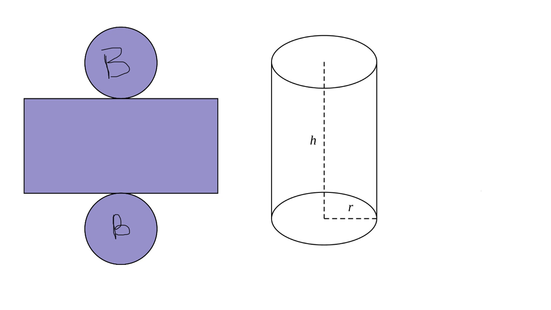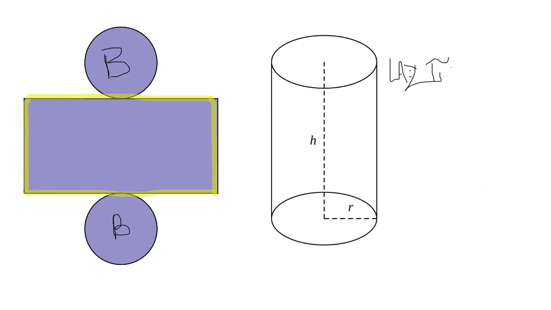And so I'm going to show you how it is actually the same formula as prism, even though you'll see it written as LA equals 2 pi rh. So let's write that down. LA equals 2 pi rh.